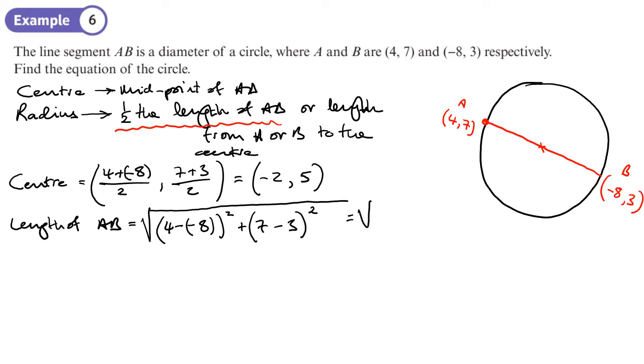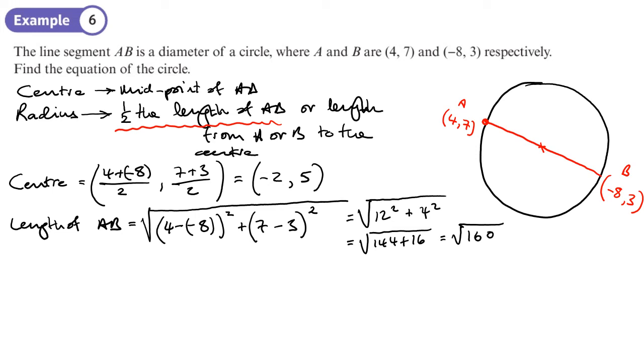So it's going to be the square root of 12 squared plus 7 minus 3 squared. So it's 144 plus 16. So it's going to be square root 160.